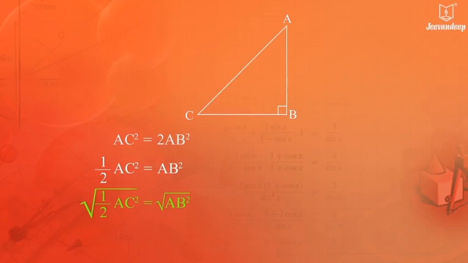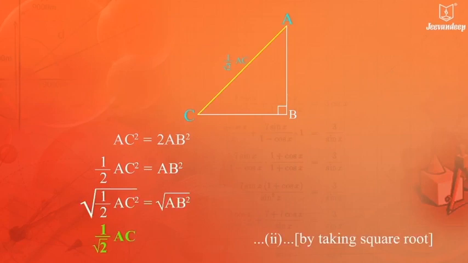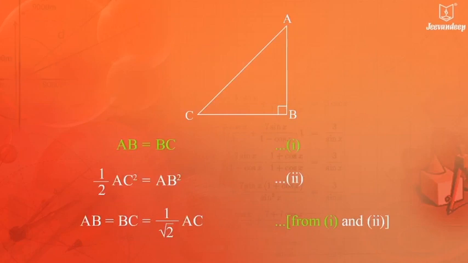By taking square root of the equation, we get 1 upon root 2 AC equals AB. Equation 2. From equations 1 and 2, we get AB equals BC equals 1 upon root 2 AC.